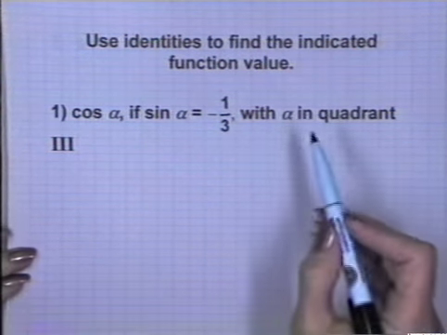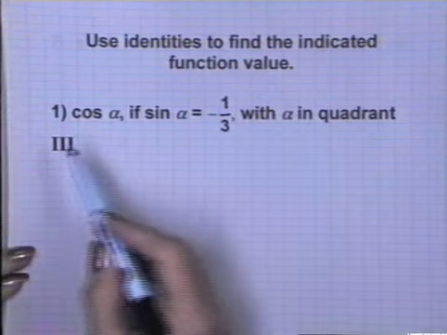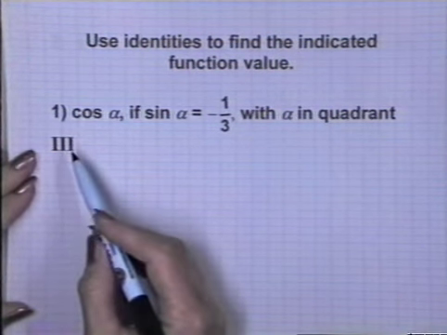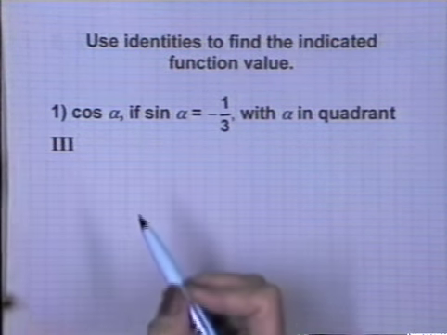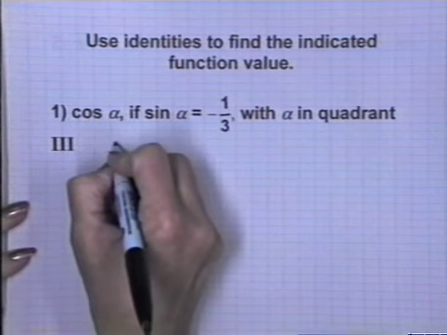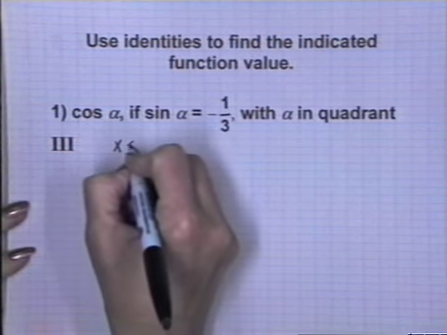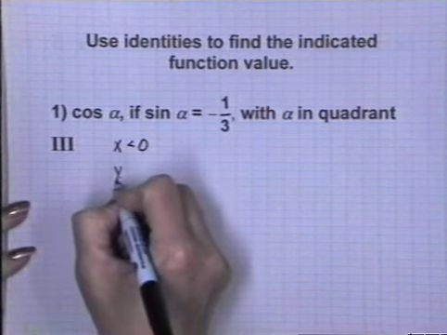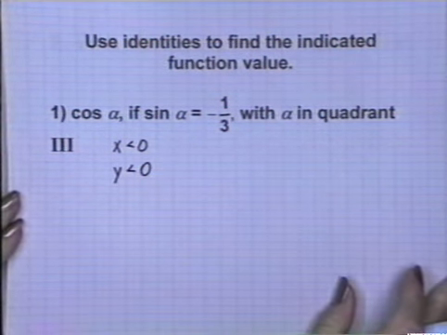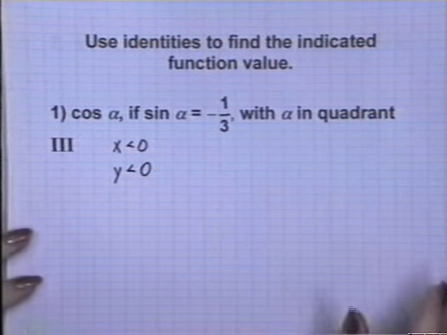To start off, noticing that alpha is in quadrant 3, I know that in the third quadrant, if I pick a point on the terminal side of alpha, x y, my x is less than 0 and my y is less than 0, because in the third quadrant all the x and y coordinates are less than 0.